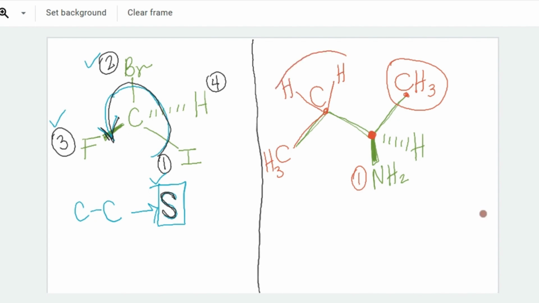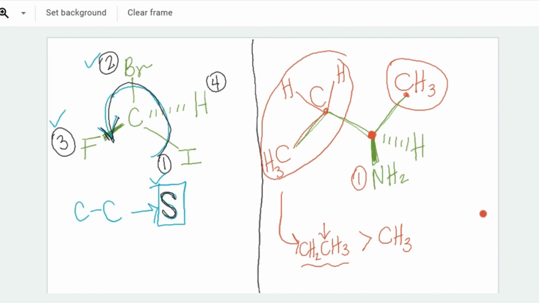So this entire group is what you call an ethyl group, which is basically CH2CH3. CH2CH3 is going to take priority in comparison to CH3 because it has more substituents with a higher atomic number. It has another carbon group attached, while the methyl is attached to three hydrogens. Ethyl is attached to a carbon group and two hydrogen atoms. So this is going to be of higher priority.